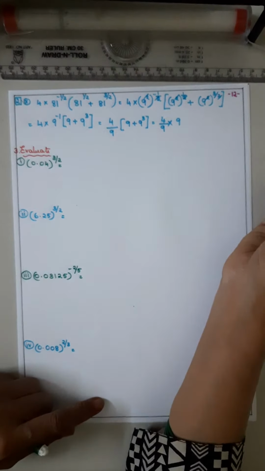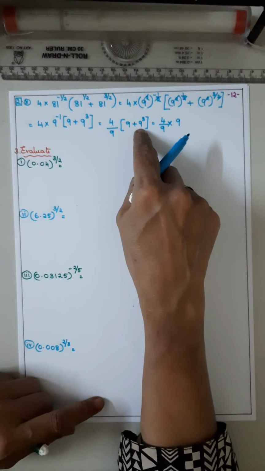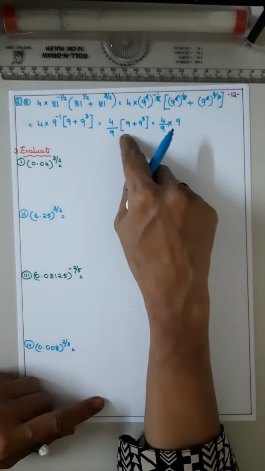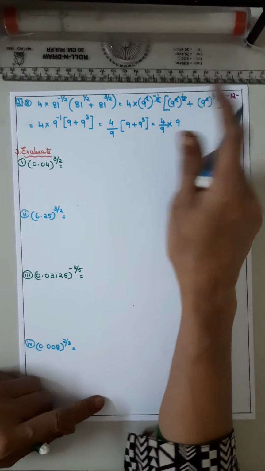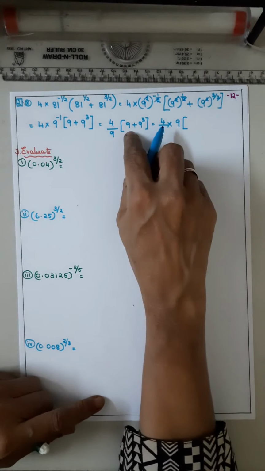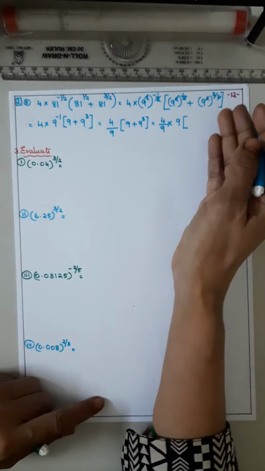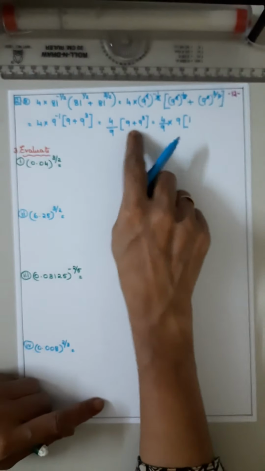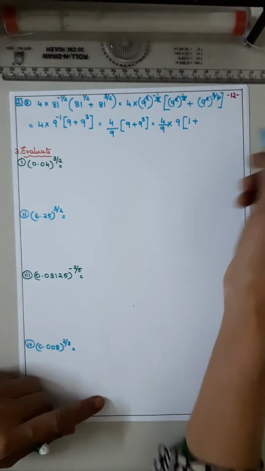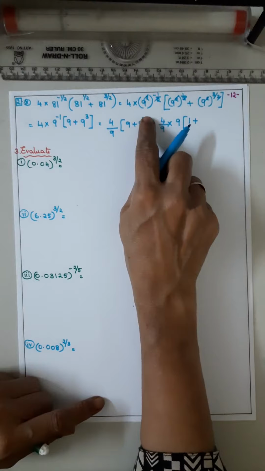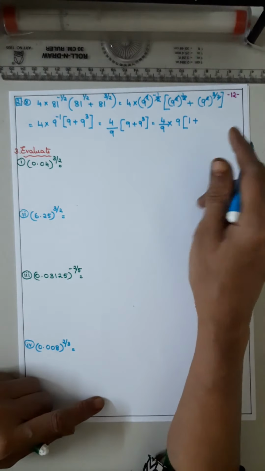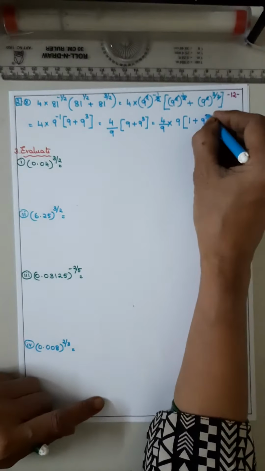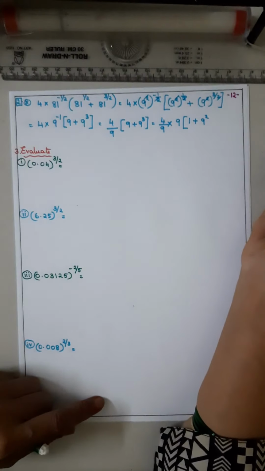It is 9 is common. 9 and 9 cube. Like in the earlier sum, 9 and 9 cube. What is common? 9. Now what is remaining inside? 9, एक 9 को बाहर लिए तो इधर क्या बचेगा? 1 है ना, और प्लस साइन डालो. अभी 9 क्यूब में से एक 9 को बाहर लिया है. हाउ मच इज रिमेनिंग? 9 स्क्वायर.